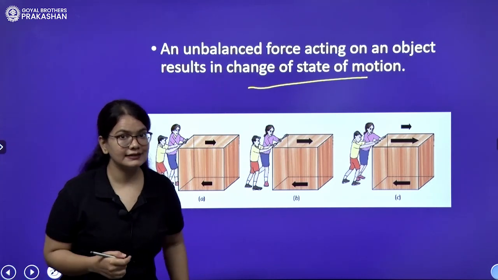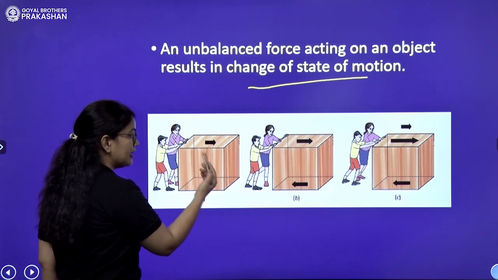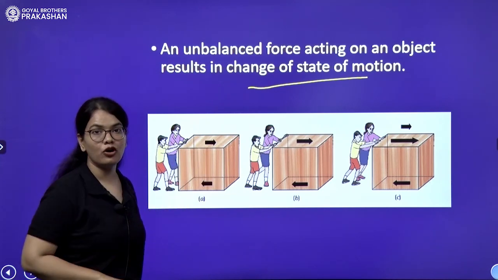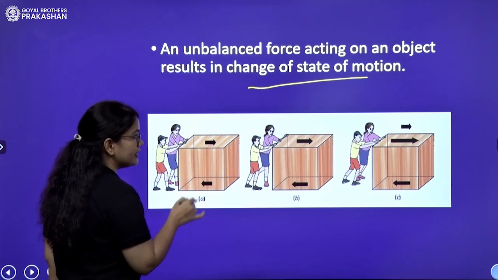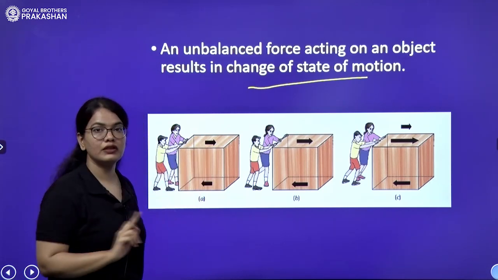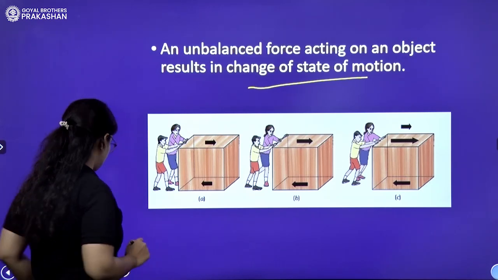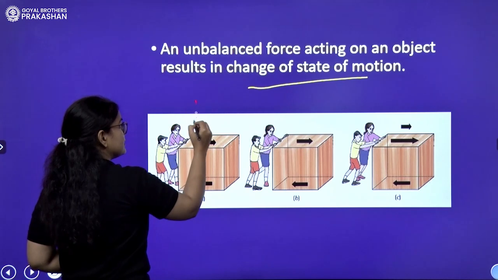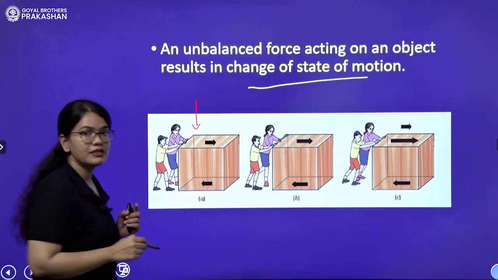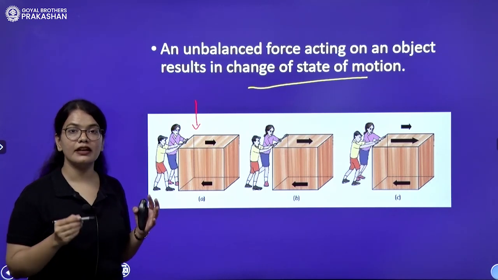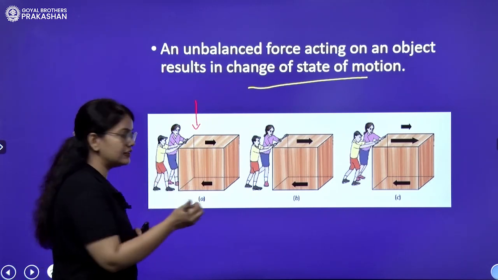Let us see another example. Over here, a boy and a girl are pushing a huge, massive box lying on the ground. In the first case, case A, there is no motion of the box. Since there is no motion, that means a balanced force must be acting. And what are balanced forces? They are a pair of equal and opposite forces. That means there must be two forces. Let us see.